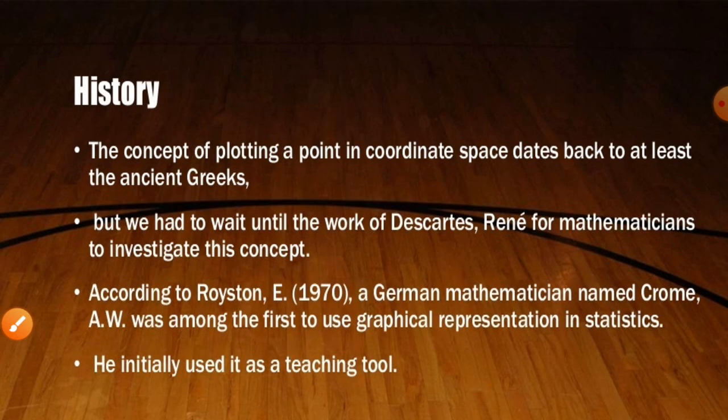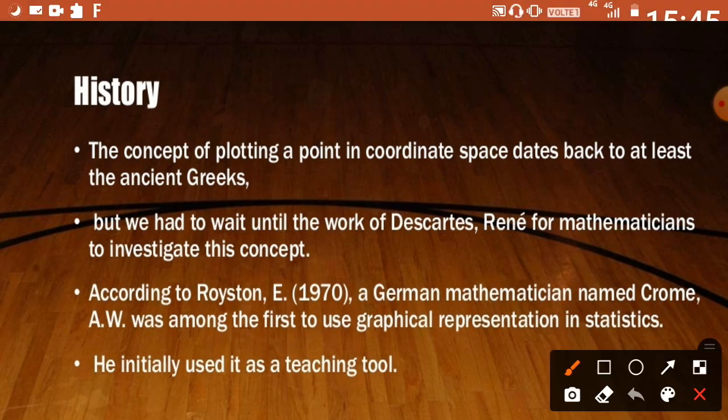Okay, so this is the history. There was a German mathematician, Royston E, in 1970, who was also known as Chrome. He was the first person to use graphical representation in statistics, okay?